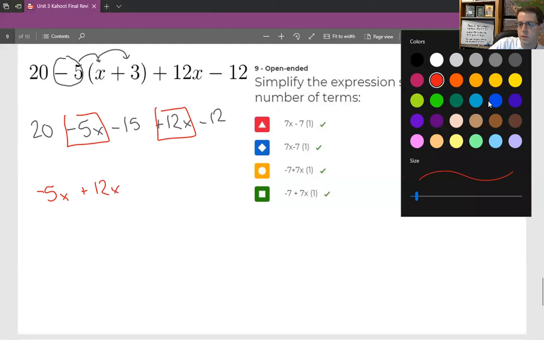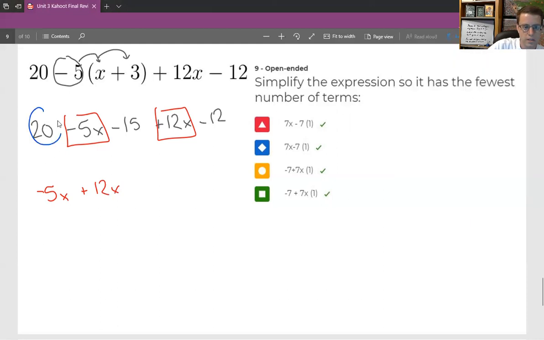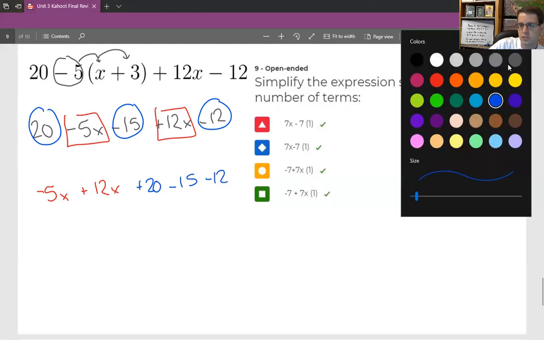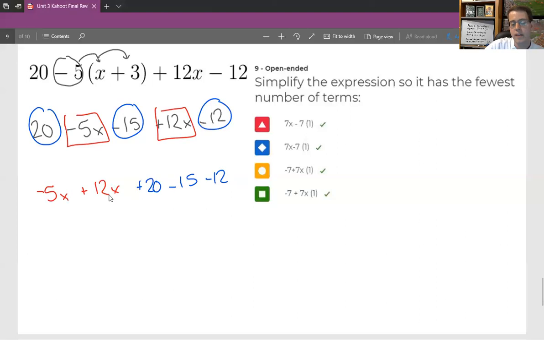And then we have 20 minus 15 minus 12. You can see where this is leading, I hope. Negative 5x plus 12x is 7x. 20 minus 15 is 5. And 5 minus 12 is a negative 7. So 7x minus 7. And a bunch of different ways you can record that answer there.